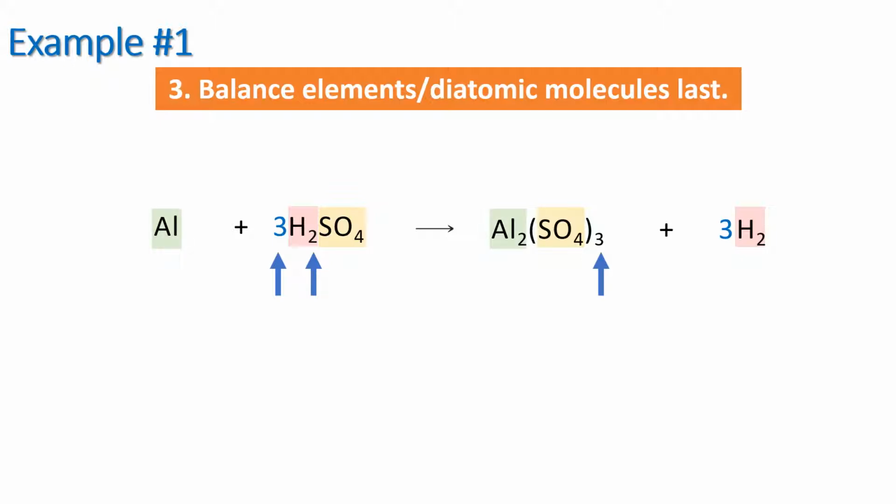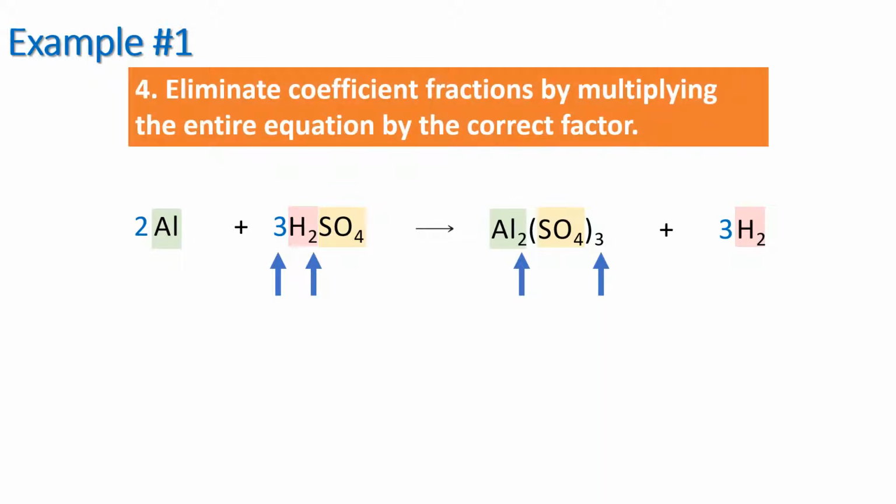And if we take a quick look, we can see there's 1 aluminum in the reactants, but there are 2 in the product. Fortunately, this is a really easy fix. We simply need to double the aluminum in the reactant, and we do that by giving it a coefficient of 2. Now that we've looked at all the players in this equation, let's move on to rule number 4.